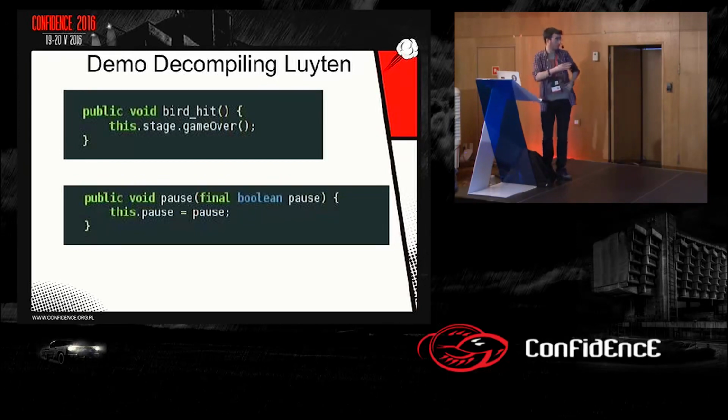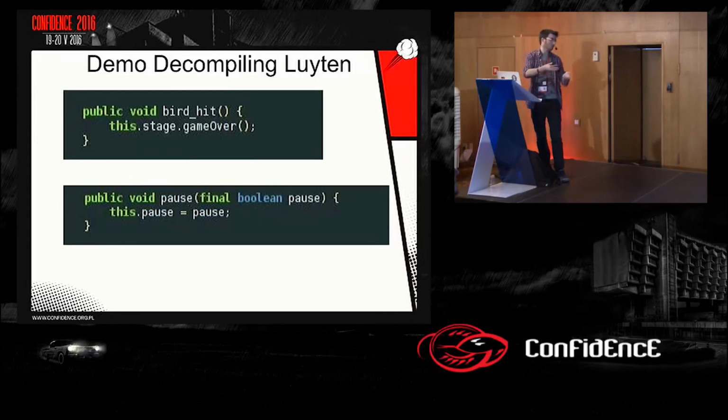For this demo, I used AppUse. I uploaded the APK to this application and decompiled it using Luyten. After analyzing all the Java classes, I found in Bird.java a method that, if the bird hits something, triggers game over, and then the method pause.